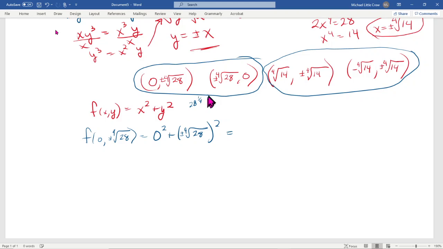When you square that, you get 1/2 power, so that's going to be a square root. It's going to be positive because you're squaring it, so it's just the square root of 28. Now, if you plugged it in for x and y was 0, you'd get the same answer. So this works the same way. Okay, so there's one answer.